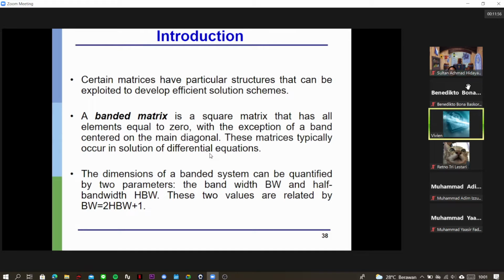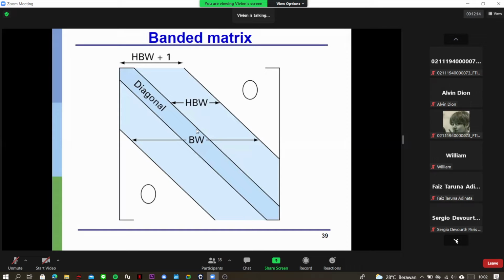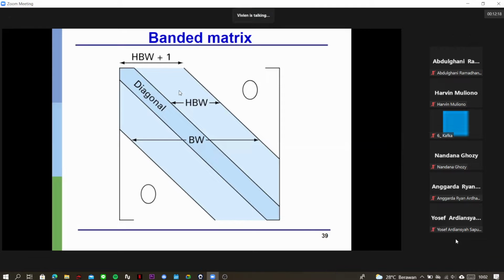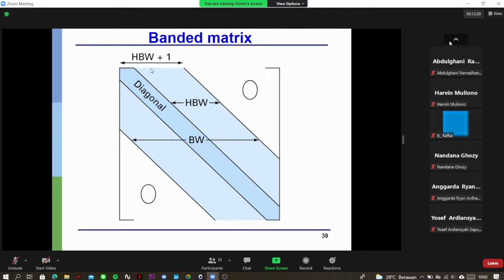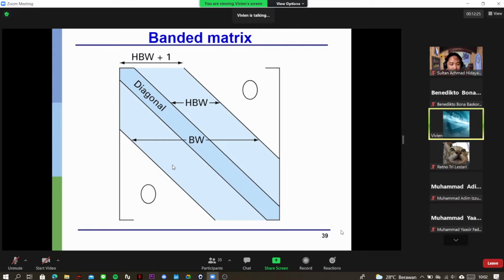In general, we can describe the dimension of the banded system with the bandwidth, BW, and the half bandwidth. This is how the banded matrix looks. We have the diagonal element here, and several elements that fill a banded area here.